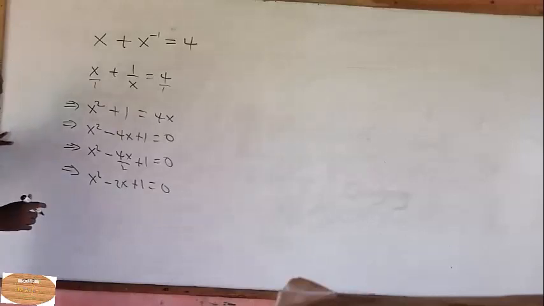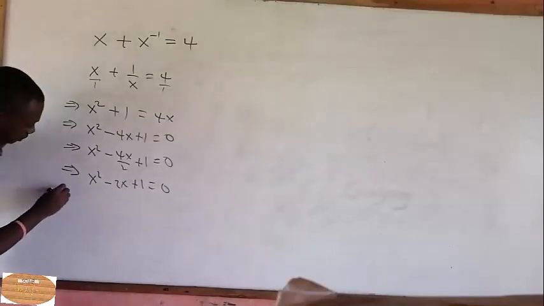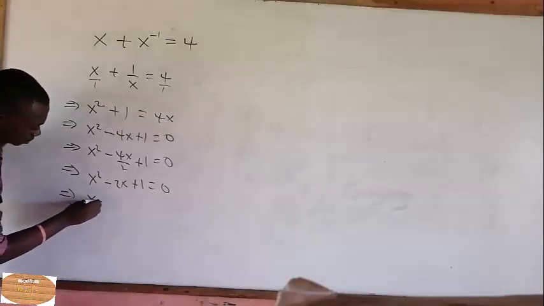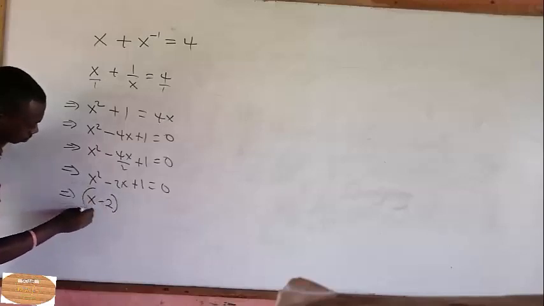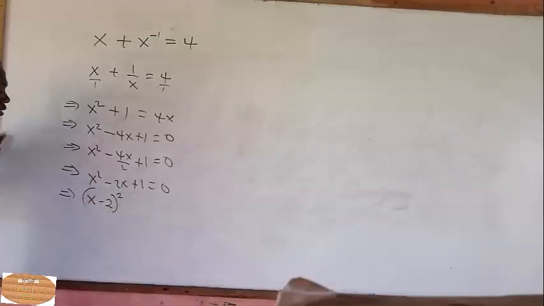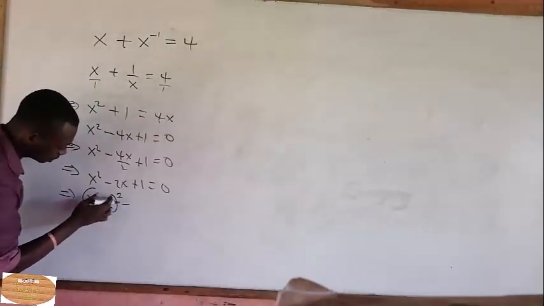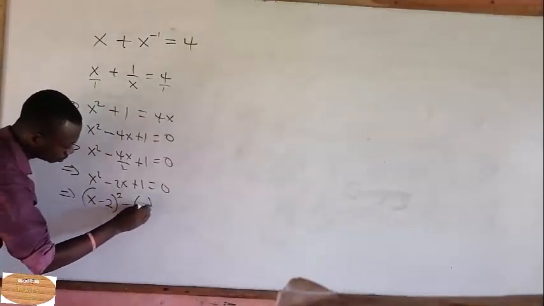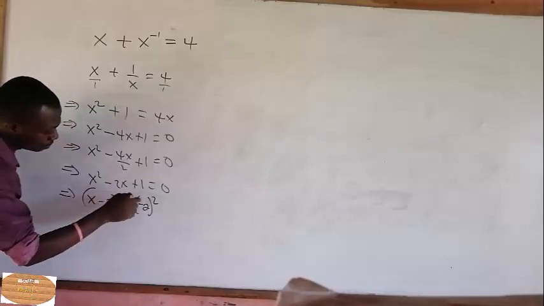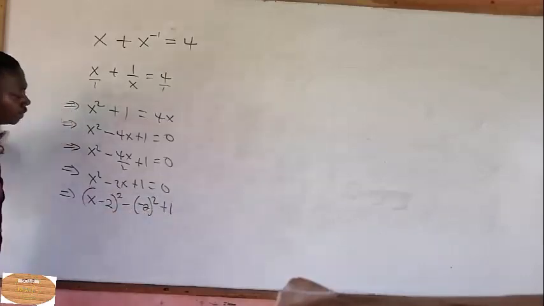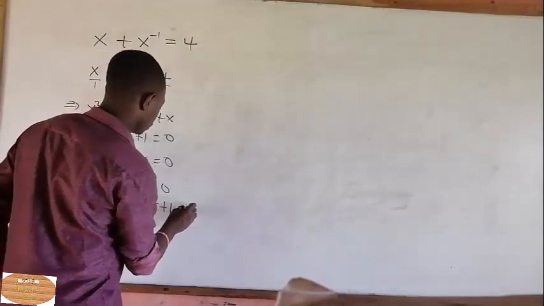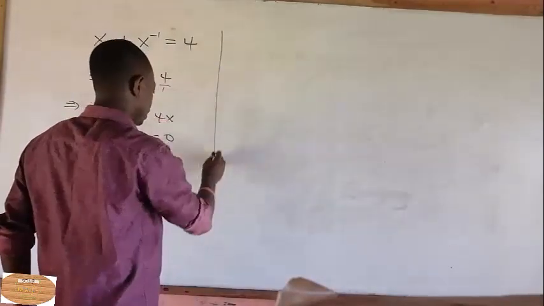After that, we square the result. So I will reduce this one by 1, left with x, and this one left with 2. Then I square the result. When we finish, minus this one squared, so minus 2 squared, then your plus 1 will come, equals 0.